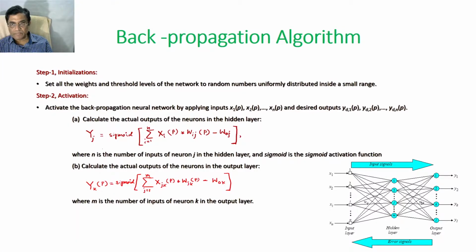M number of inputs are coming in, that has to be summed up, minus W0k. We are keeping this notation, that means the threshold for the kth neuron. That has to be used as the input in the sigmoid function.